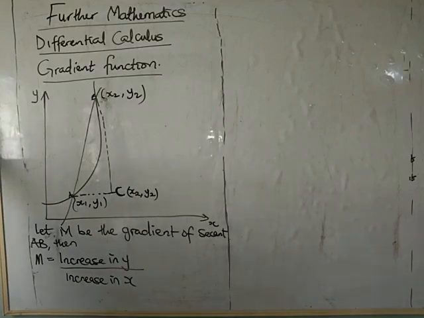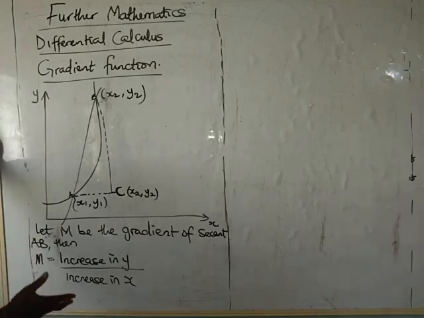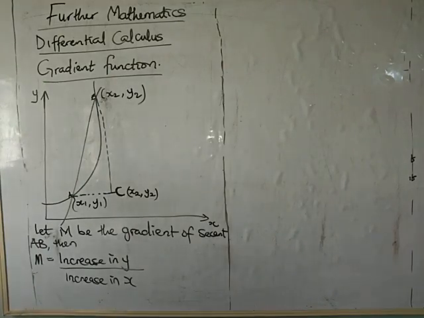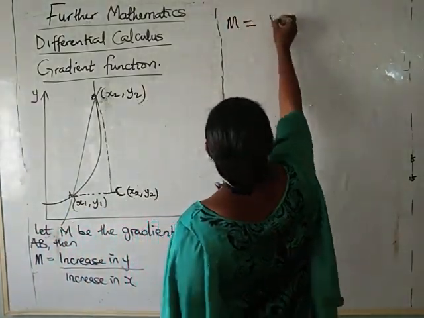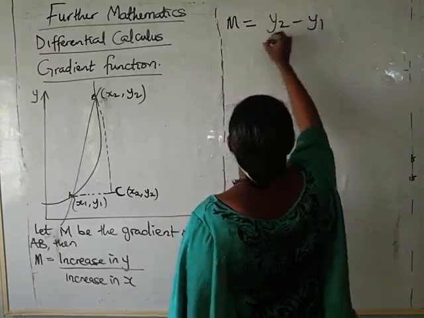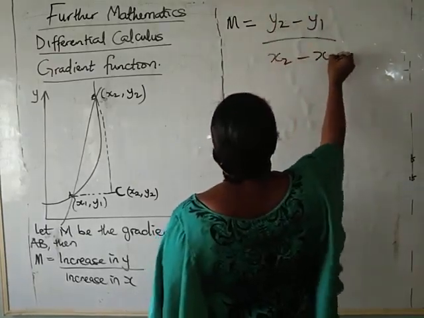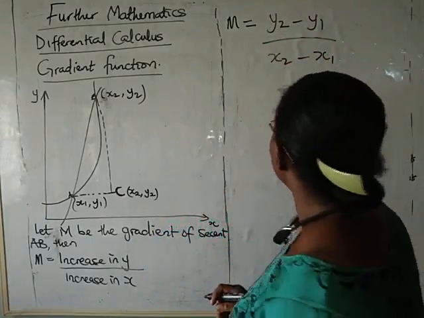The gradient, which we usually represent by m, simply means the increase in y value with respect to the increase in x value. That is, m equals y2 minus y1 all over x2 minus x1. I believe we are following.